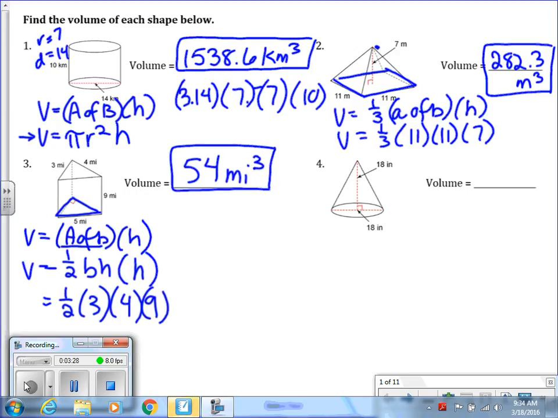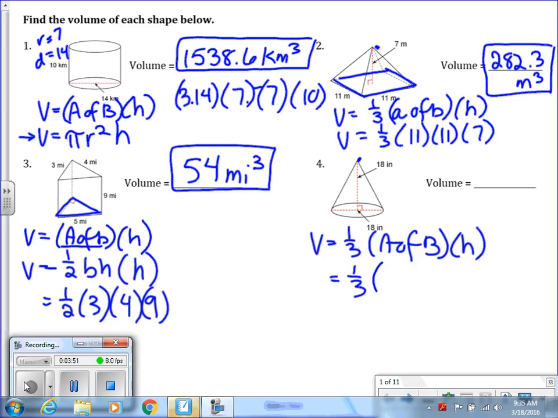The next one is a cone. If I had to label this, it's not a circular pyramid, it's just a cone. And because it does come to a point at the top, we have to do 1/3. So it's 1/3 the area of the base times the height. Make sure you're remembering just that 1/3 part because it comes to a point. When I plug in my numbers, I get 1/3.